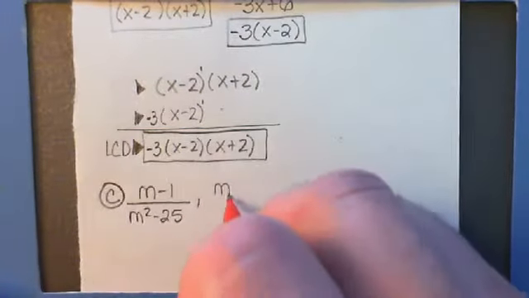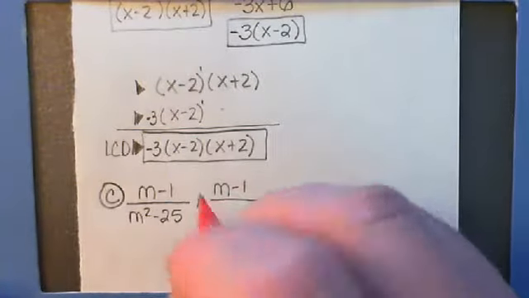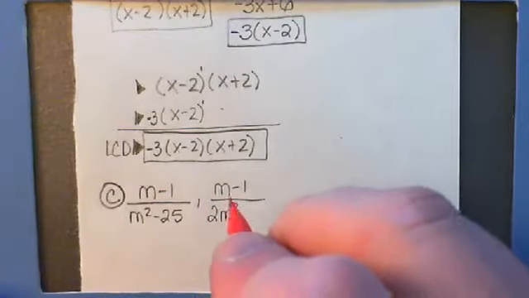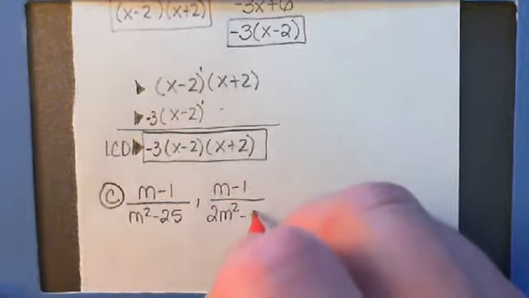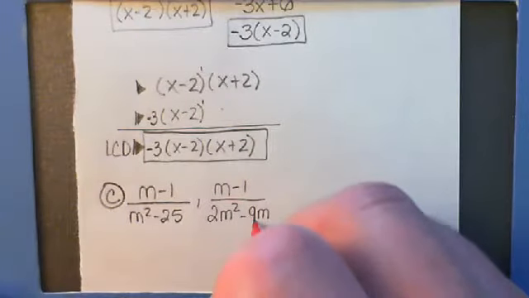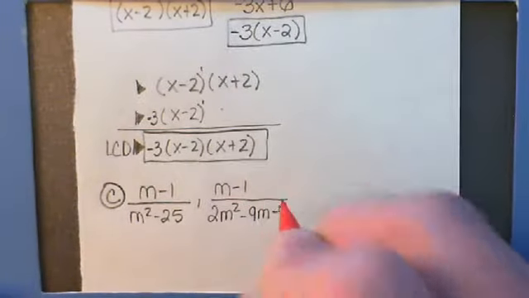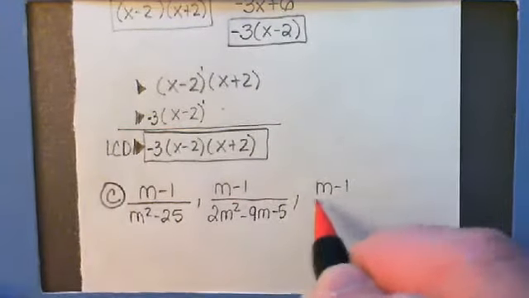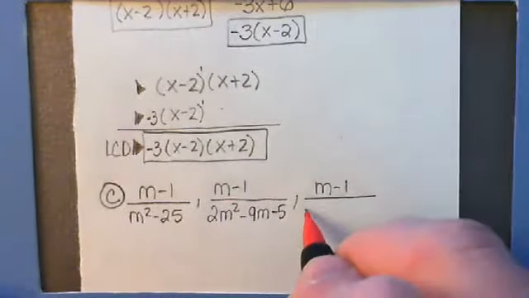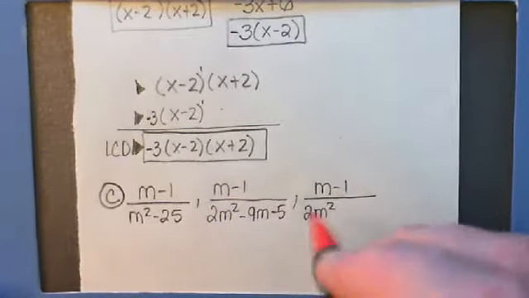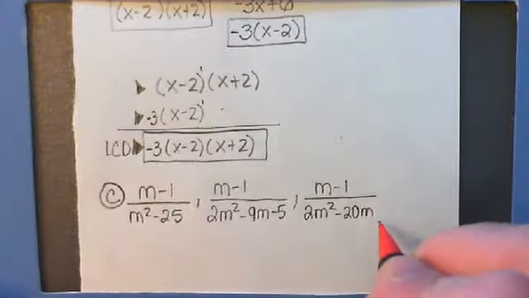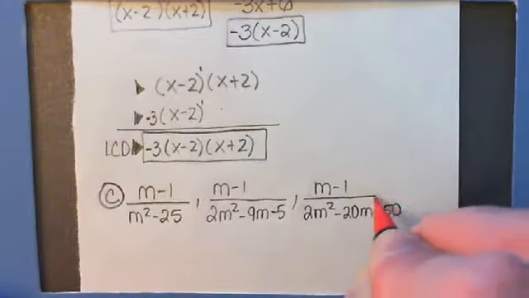And then I'm going to have n minus 1 over 2m squared minus 9m minus 5. And the last one is going to be n minus 1 over 2m squared minus 20m plus 50.